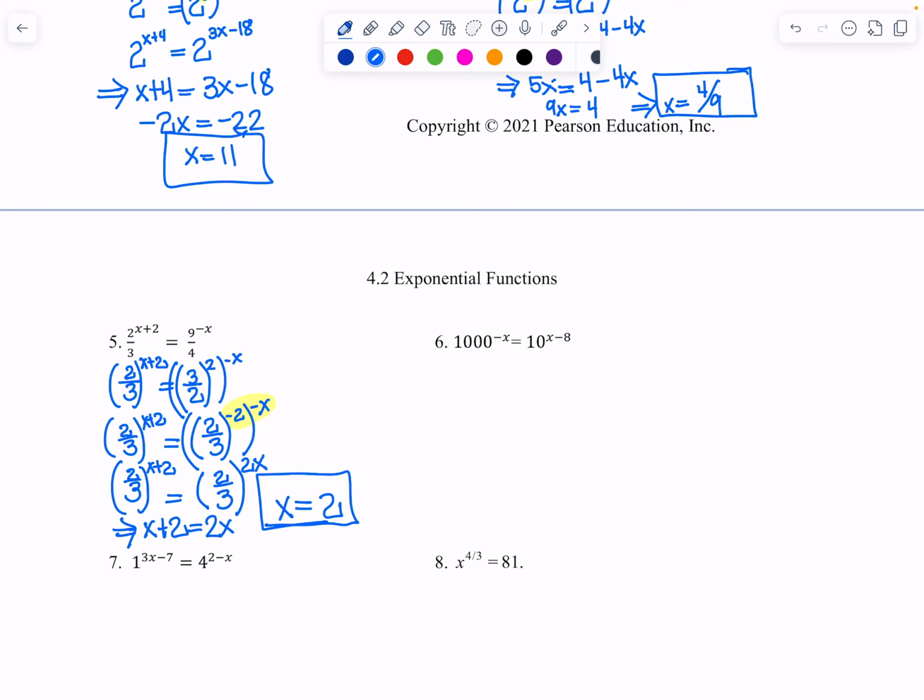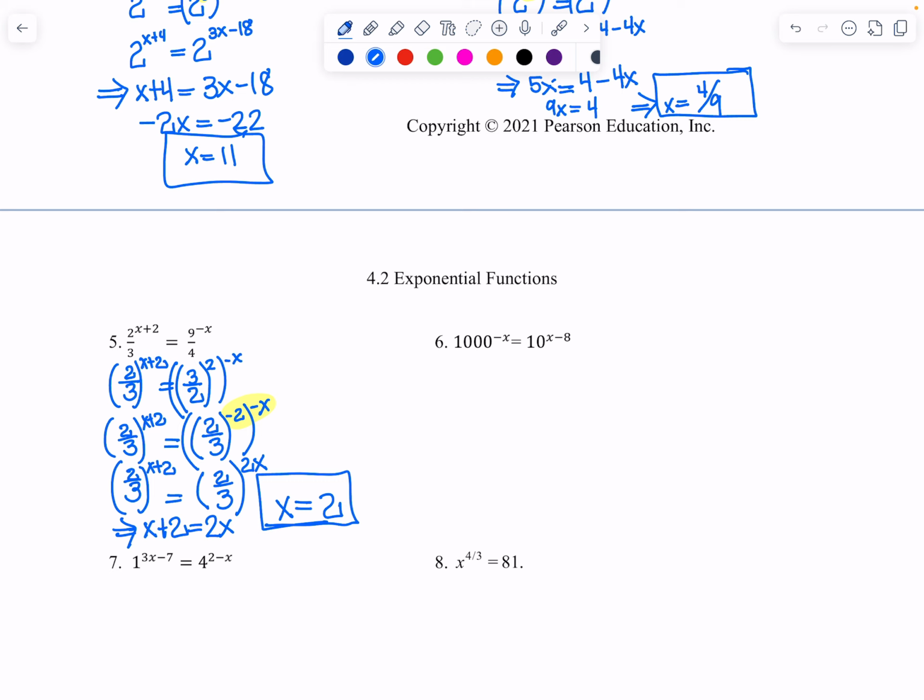Now let's do this one right here. We have 1,000 raised to the negative x equals 10 raised to the x minus 8. Different bases, you all.